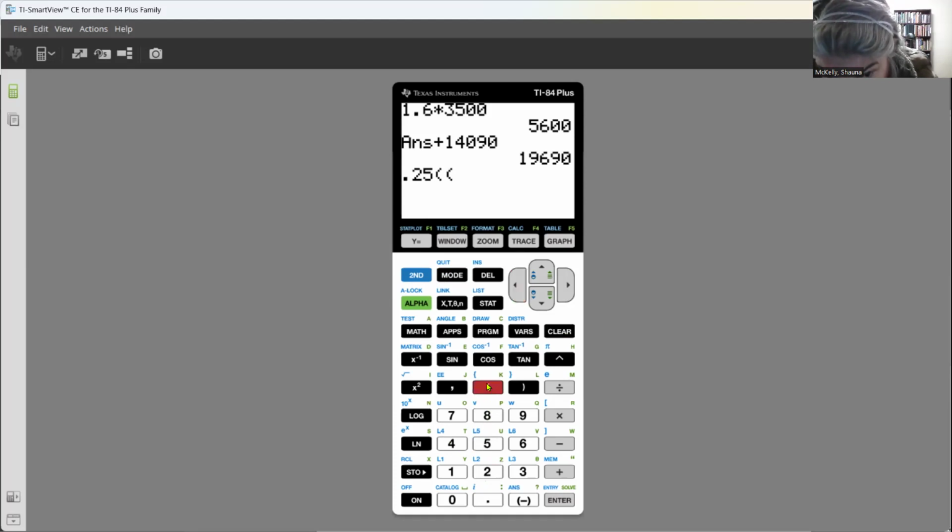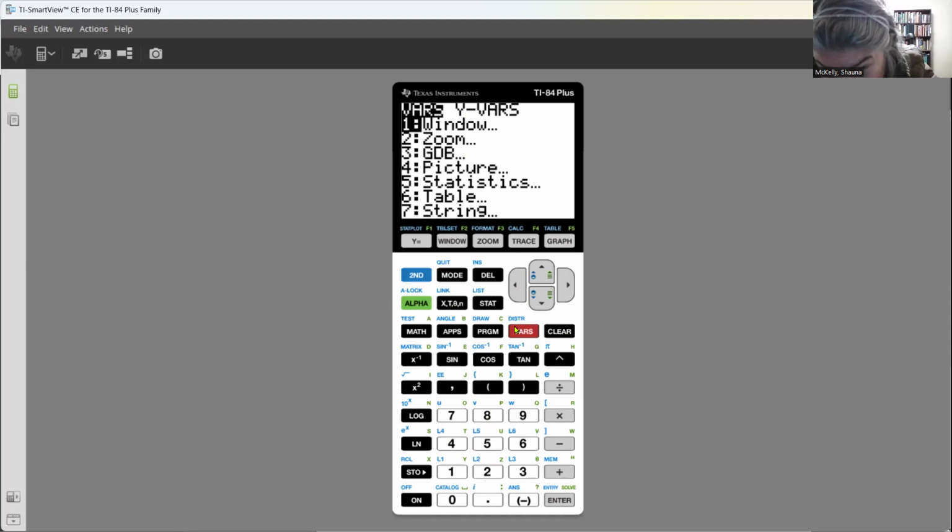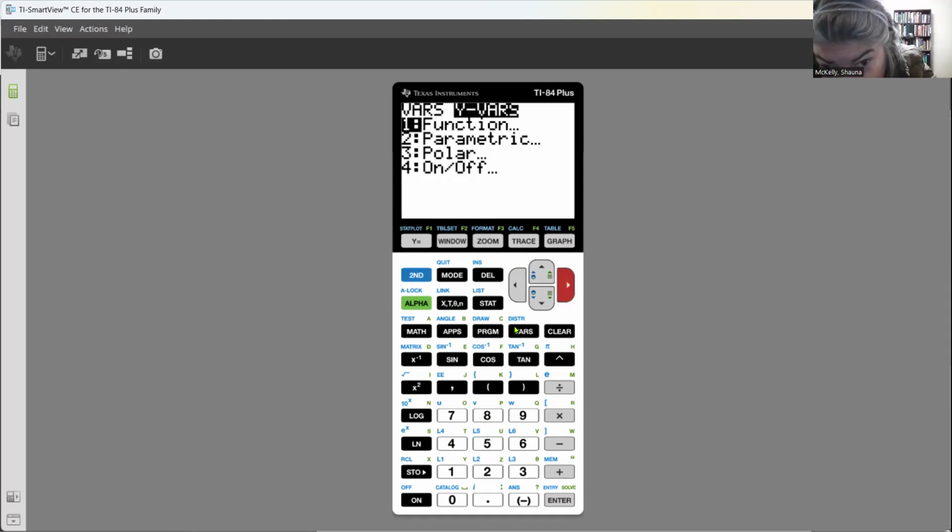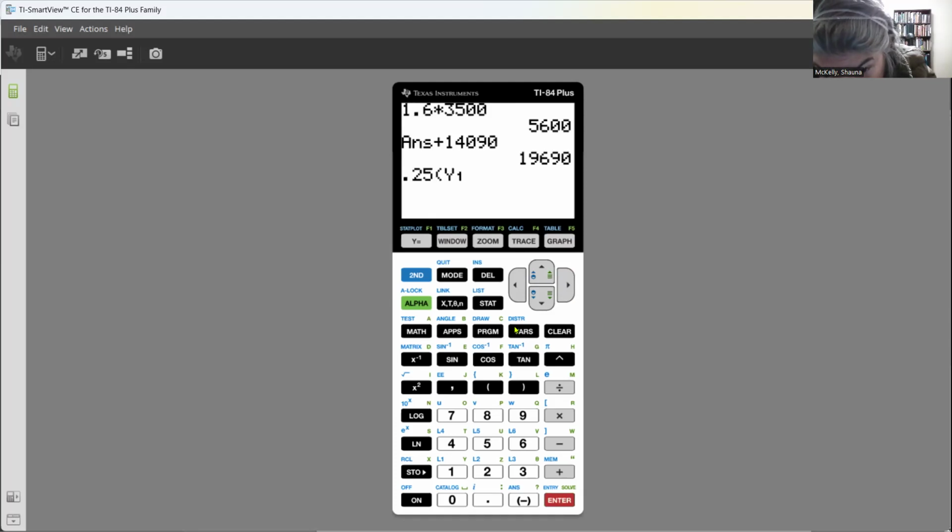I'm going to take 0.25 and I'm going to go to vars, y vars, my y variables, function, wherever you have your function stored, which for me is y1.